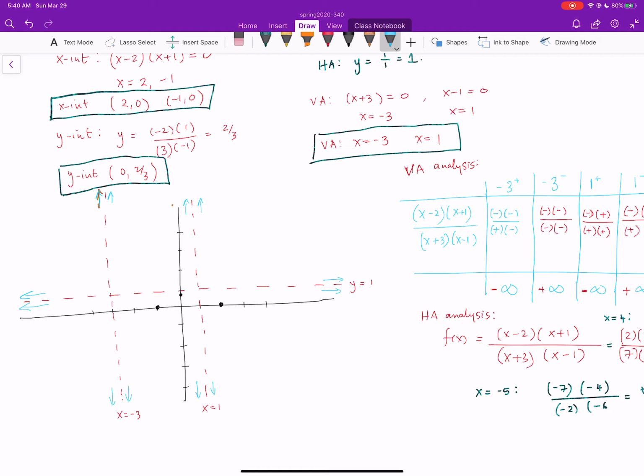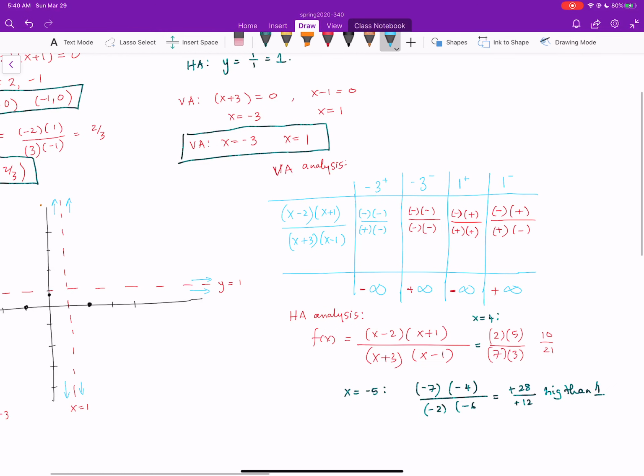So we're going to rely on our vertical analysis to help us. Let's look at that chart real quick. I'm analyzing what happens when I get close to negative 3 from the right, negative 3 from the left, 1 from the right, and 1 from the left. So your job is to pick some numbers that are really, really close to those asymptotes.